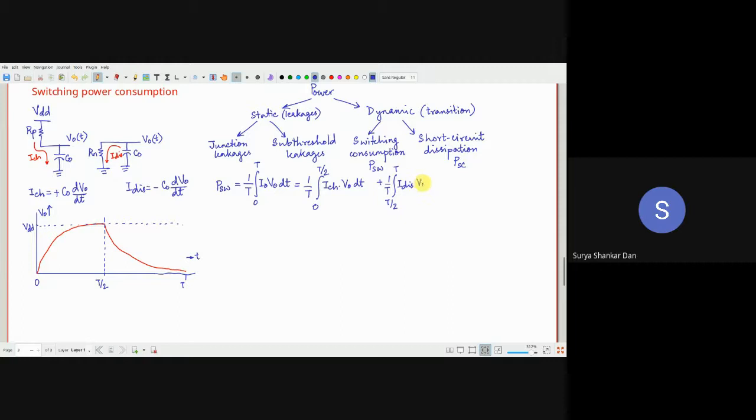Okay, P is equal to 1 upon capital T. What is the expression for I charge? We have already seen this here, so I'll put CO dVO by dt directly. And minus CO dVO by dt over capital T. Remember, discharge current is minus over here.